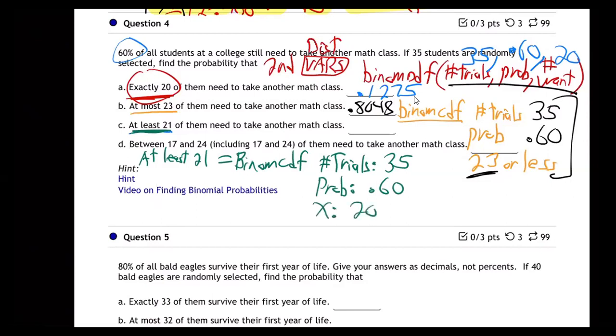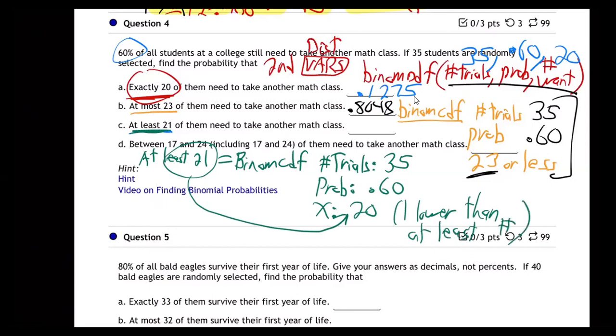You're going to have to put in 20. See that? 1 lower than the at least number. Everybody tracking with me? 1 lower than the at least number. Why? Because the calculator, the binom CDF, always does your number or less. So what it's really doing is doing 20 or less.